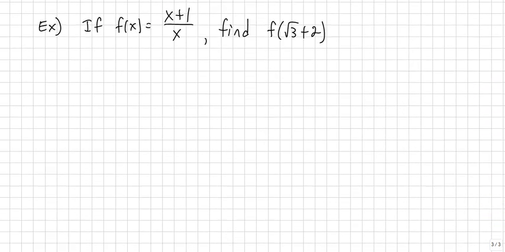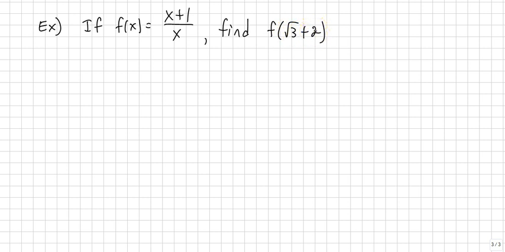All right, one more. So let's let y, or f of x, equal x plus 1 divided by x. So we have a rational function. It's been a while since we've looked at a rational function, but here we go. We want to find f of the square root of 3 plus 2.